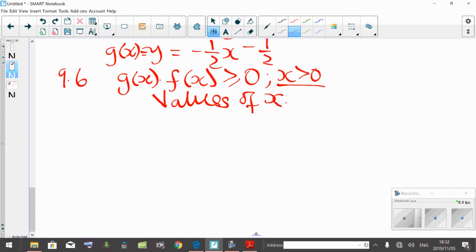Now, before we go to our graph, let's analyze what this means. We're saying g times f is greater than or equal to 0. When we multiply two numbers, we get an answer that is positive or equal to 0. For that to happen, both numbers must be positive, or both of them must be negative.